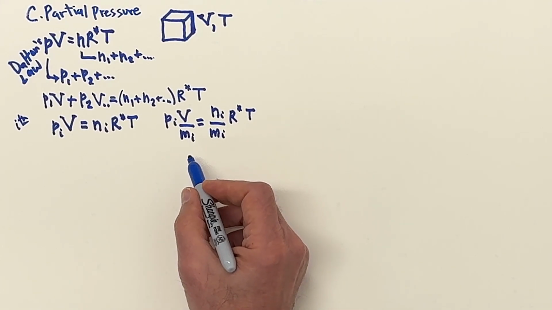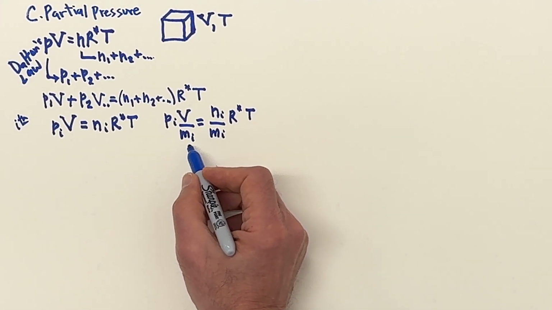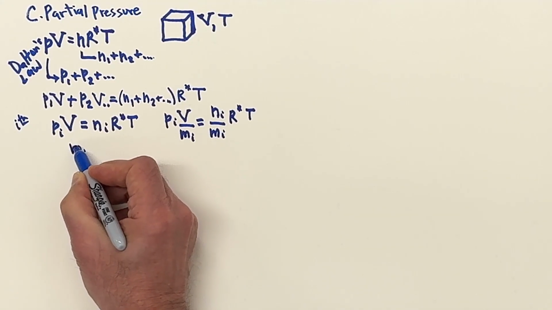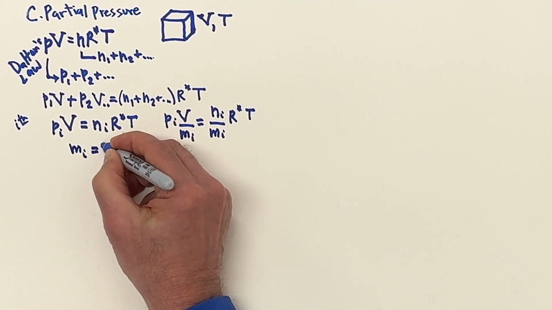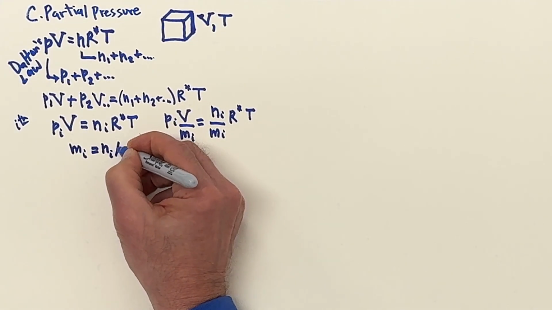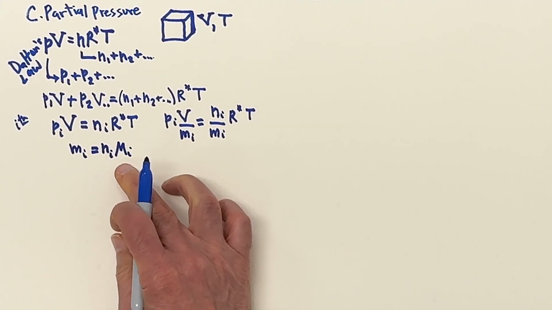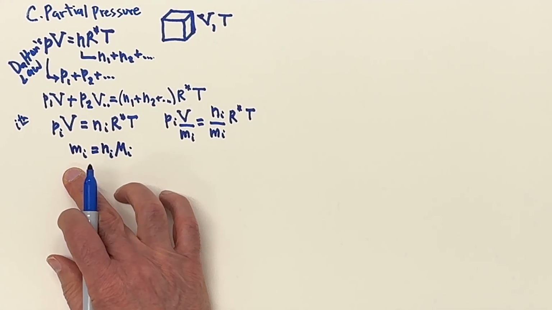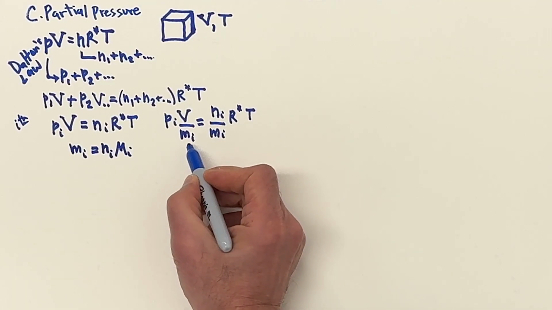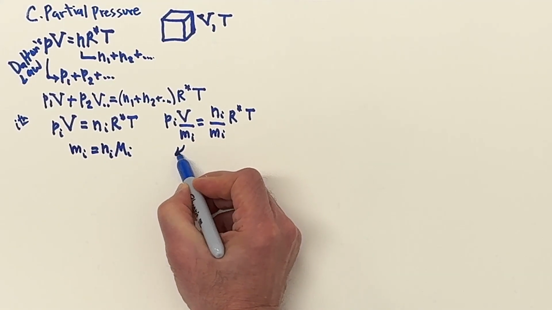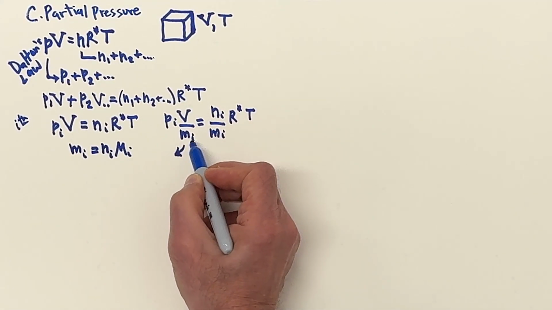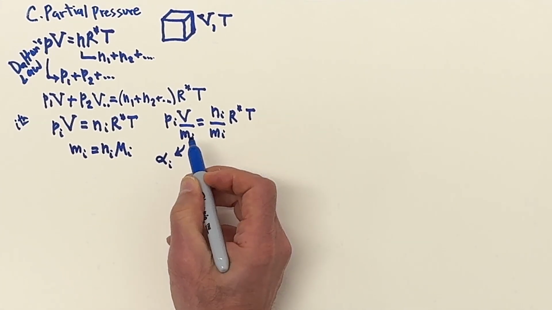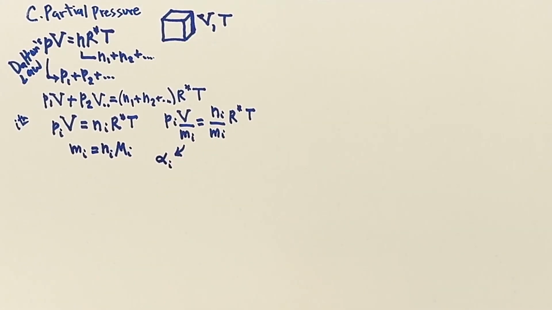Now we note two things here. First of all, we note that the mass of the ith component is equal to the number of moles of the ith component times the molar mass. This is the mass for 1 mole, and this is the number of moles, so that would get you your mass. Also, remember our definition from the earlier class. If you take the volume and divide by the mass, you get alpha, which is the volume per unit mass.